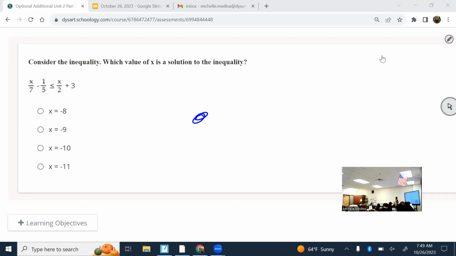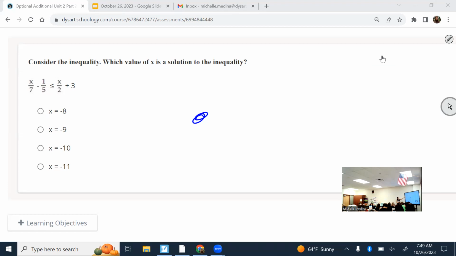But can you think of a number that 7, 5, and 2 all multiply to? Probably not. I can't really think of it. So then what I would do for this one is solve it maybe one at a time, or get rid of the fraction one at a time.